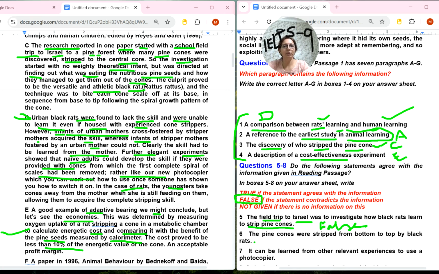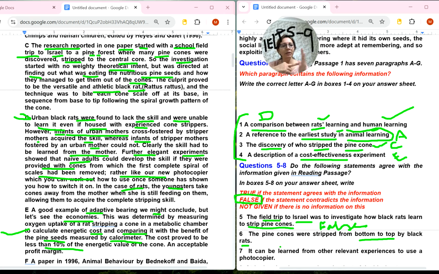Okay, sixth number question we have. The pine cones were stripped from bottom to top by black rats. If these cones were stripped from bottom to top, then it will be true. And if the pine cones were stripped from top to bottom, then it will be false, meaning contradiction of information.